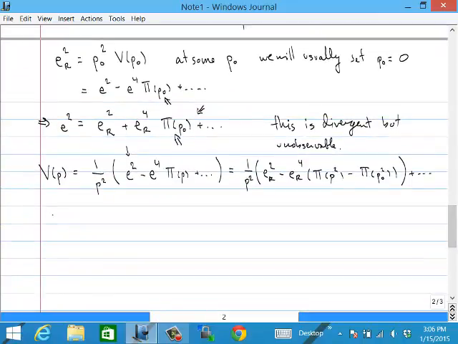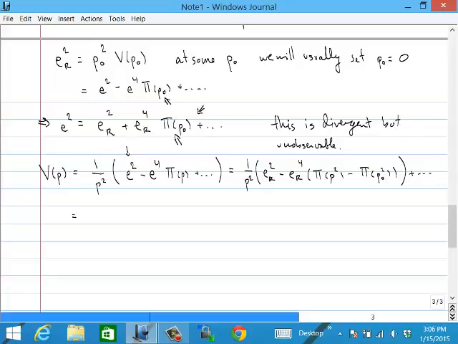So in particular, we get an expression which is completely finite for the correction term to Coulomb's law. So you get the usual e squared over p squared, and then you get a 1, and then you get plus e squared term.